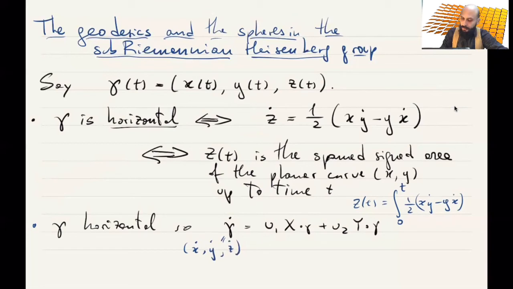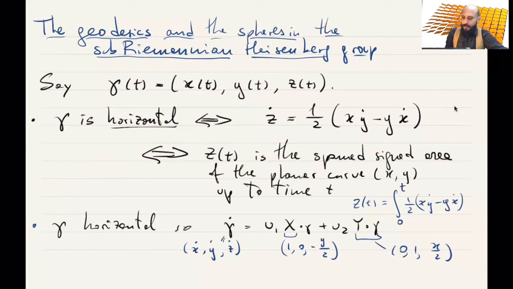On the other hand, X is (1, 0, minus y over 2), where instead of y we should put the second coordinate of gamma, so this is y of t. And the other one, Y, is (0, 1, x over 2).